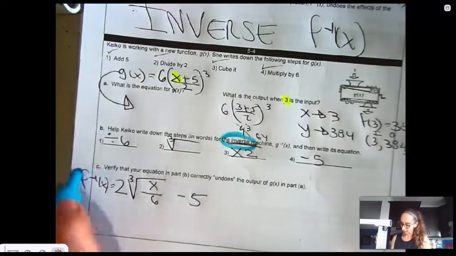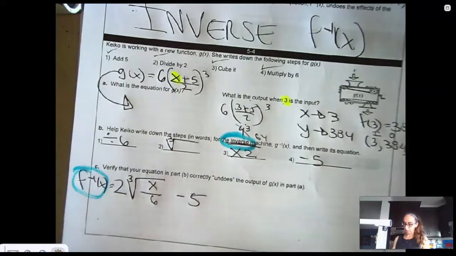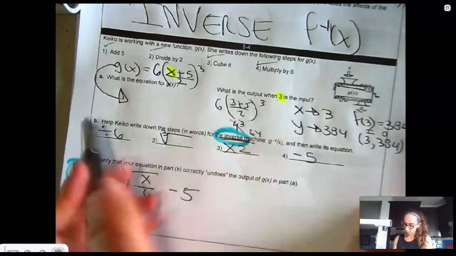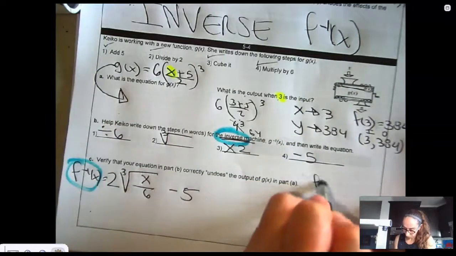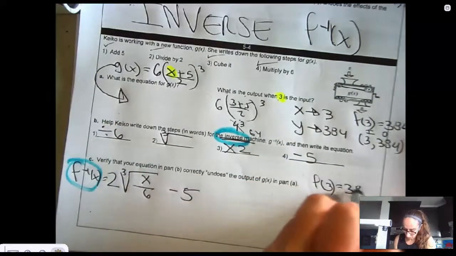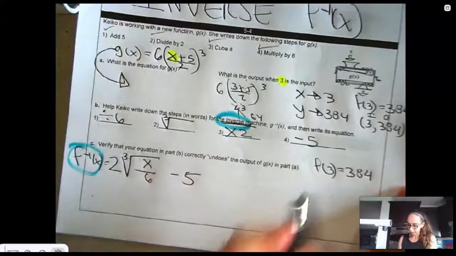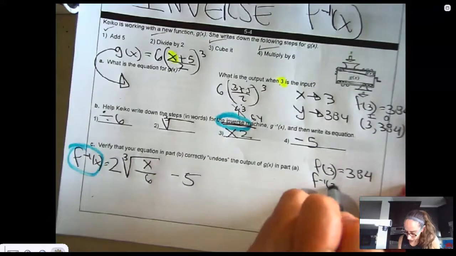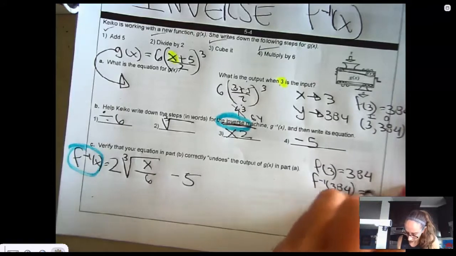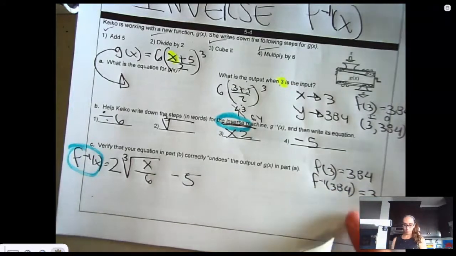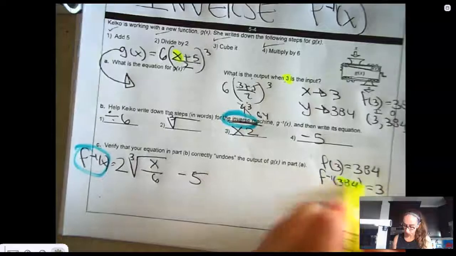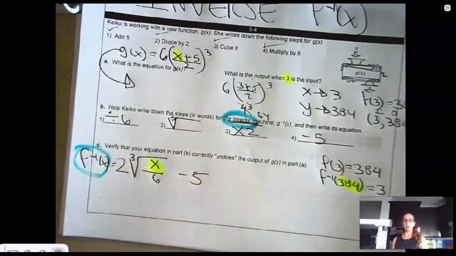Let's see if I'm right. So when f of x equals 384, technically f inverse of 384 should equal 3. That means I should be able to put 384 in here, and I should get 3.